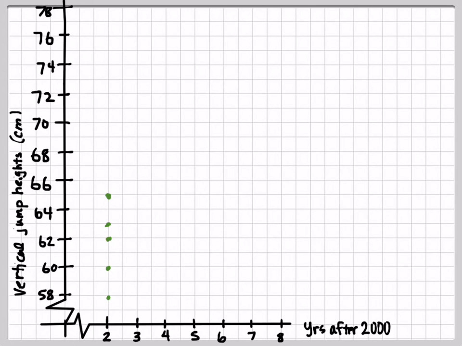In 2003, I have 67, 65, 64, 66, and 62. In 2004, I had 67, 68, 66, 65, 64.